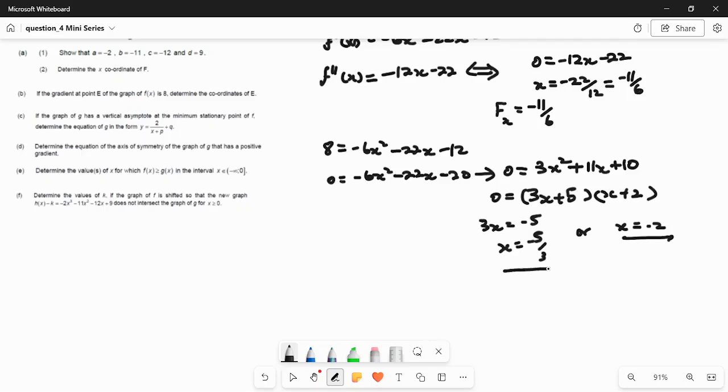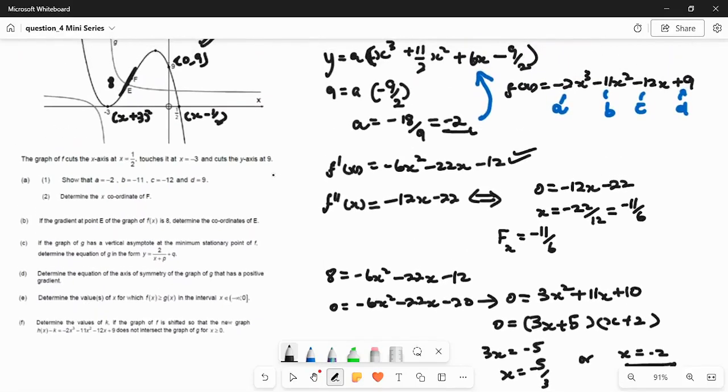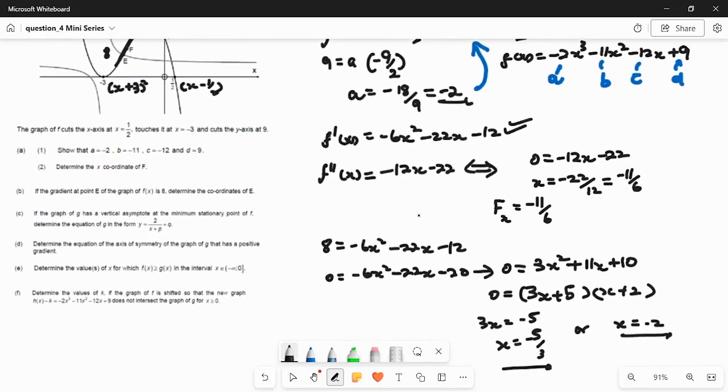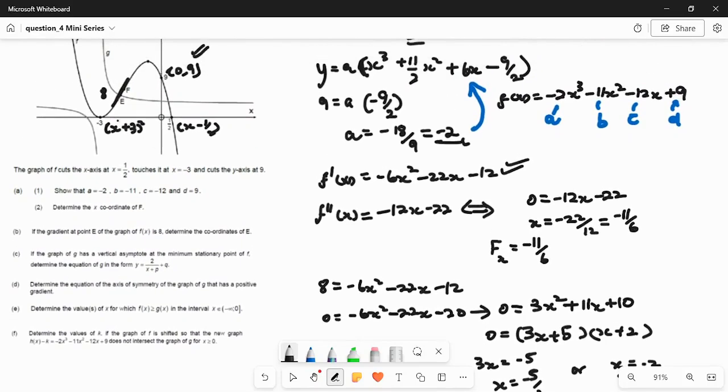So which one is the correct x value? Both of them are negative, so we are in the right part of our axis. But which one is correct? I think part of the reason why we were required to find the x value at this stationary point is so that we can assist ourselves to know what the x coordinate at E is.